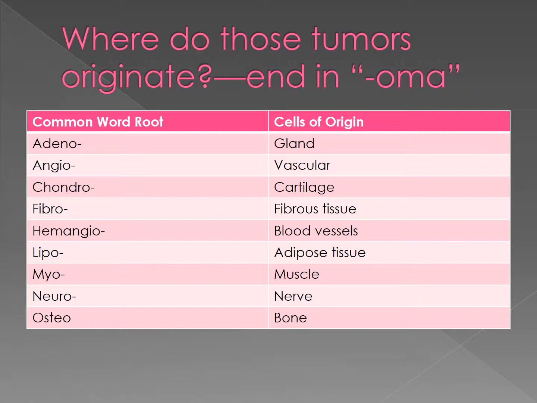If you look down at the bottom, one of the more common ones for radiography would be tumor in the bone. That would be osteoma, osteo meaning bone, oma meaning tumor. And that's the way the chart sort of works. So you can read those on your own, but I would like you just to be familiar with where these cells of origin are and what the root word corresponds to them.